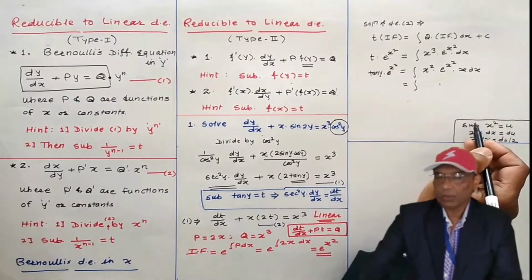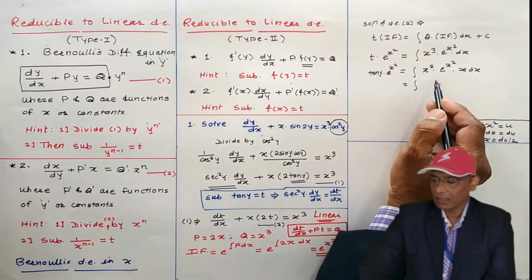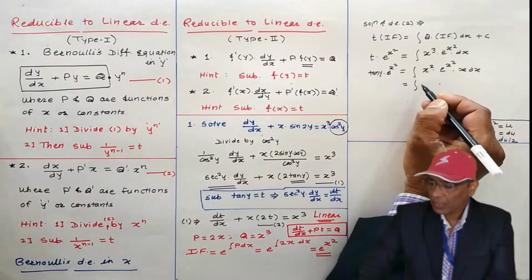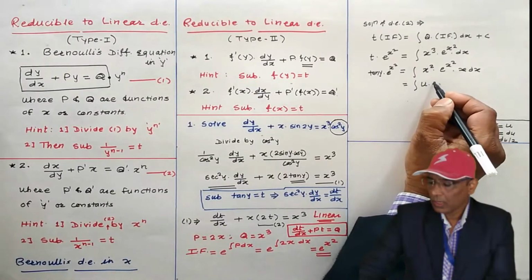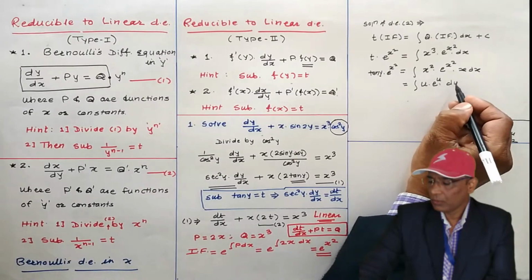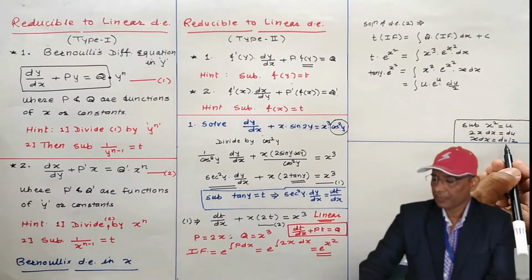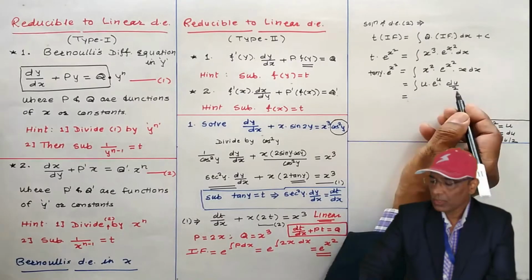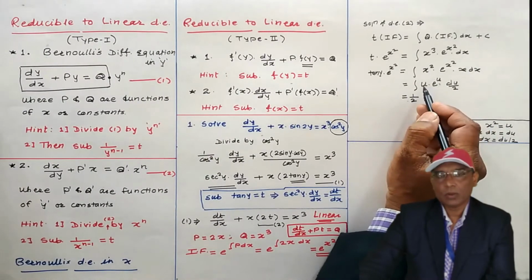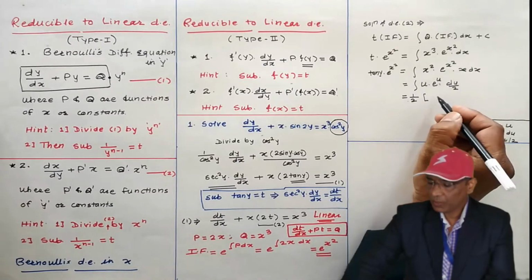This will be applicable on the right hand side, because only on the right hand side we have integration, and we are going to solve the right hand side integral. x square is u, and x dx is du by 2. See, now this 2 is outside, and the integral of u e to the power u with respect to u is what?